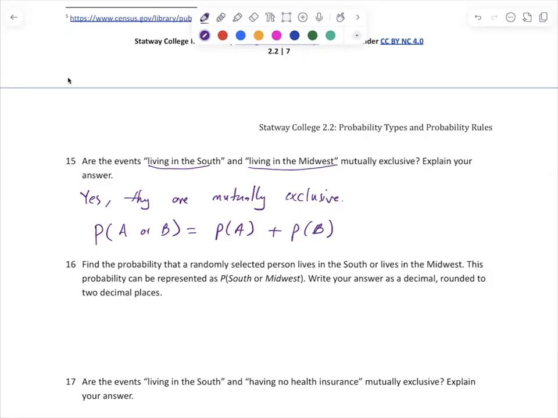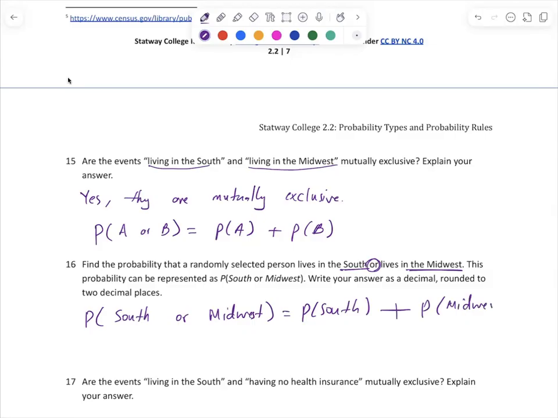Find the probability that a randomly selected person lives in the South or lives in Midwest. We have the keyword or, everyone. We are finding the probability of South or Midwest, which is going to be the probability of South plus the probability of Midwest.